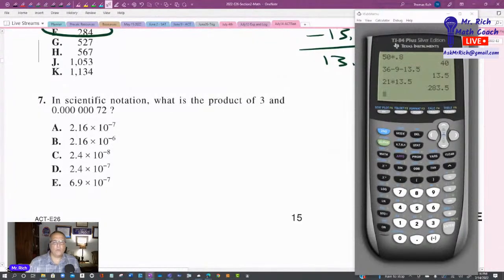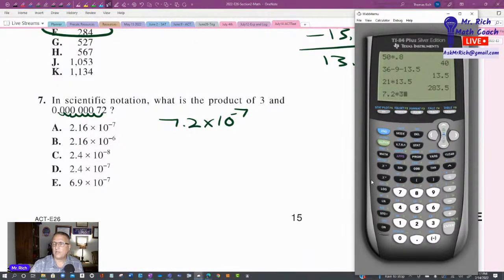In scientific notation, what's the product of 3 and 0.00072? All right, well, what I'm going to do is I'm going to go ahead and convert this to scientific notation. 1, 2, 3, 4, 5, 6, 7. 7.2 times 10 to the minus 7. Now, if I multiply that by 3, I just need to multiply the 7.2 times 3.